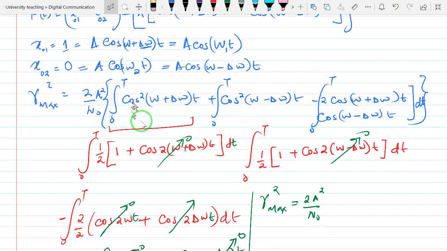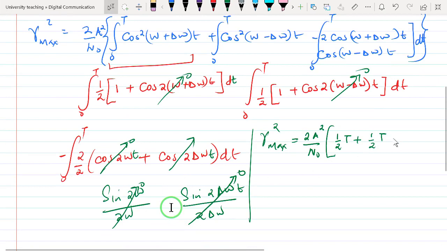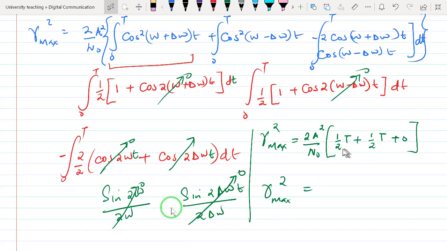We have seen this term becomes 1 over 2T, this term becomes 1 over 2T, and these two terms become 0. So our final gamma max squared becomes half T plus half T, which is 1, and when you normalize, we consider T to be 1, we have our gamma max squared being 2A squared all over N0.